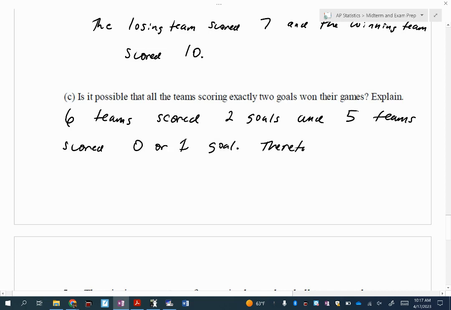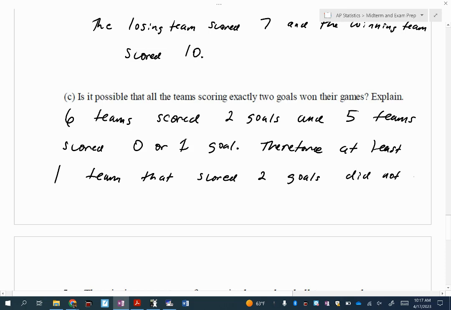Therefore, at least 1 team that scored 2 goals did not win. Again, key thing there, could it be more than 1 team? Yes. Could 2 teams that scored 2 goals have played each other? Yeah, they could have tied, right? They could have tied.